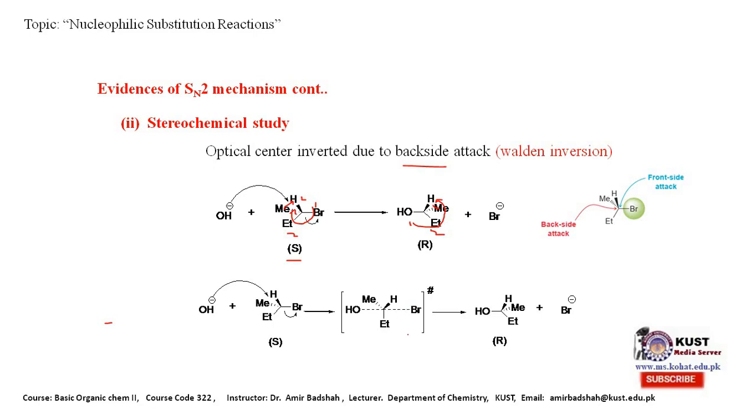After the transition state, this group leaves and the OH attacks from the back side, and we get this substituted product. But compared to the substrate, its configuration is not the same, it is changed, so it follows the SN2 mechanism.